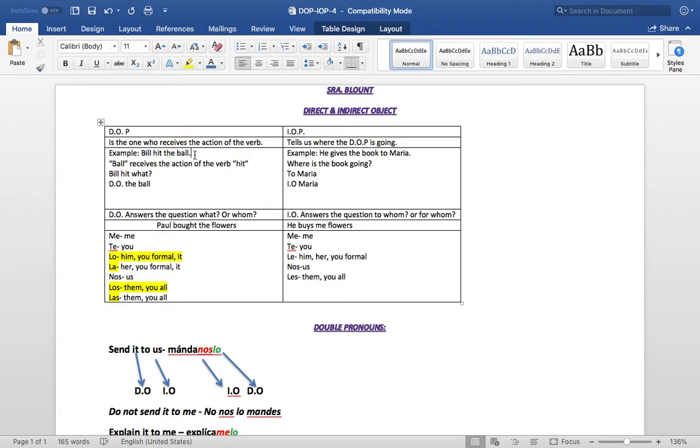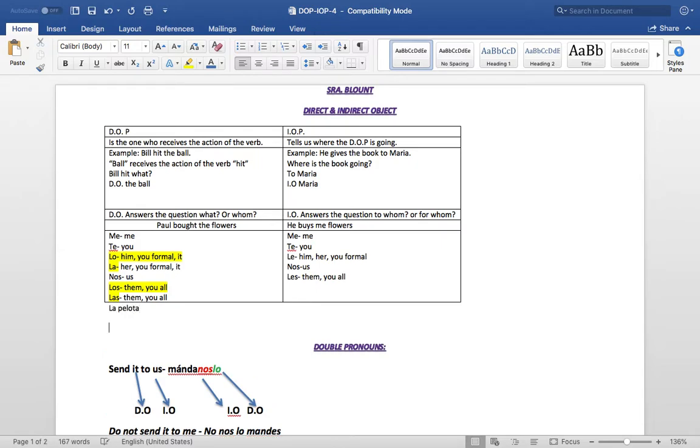Bill hit it. In Spanish, the ball is la pelota. You're going to replace la pelota with one of those pronouns. So what pronoun are you going to use for la pelota? La, which is "it" for feminine, right?